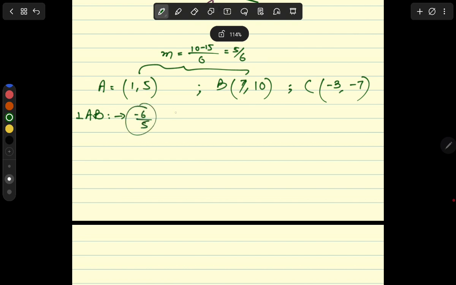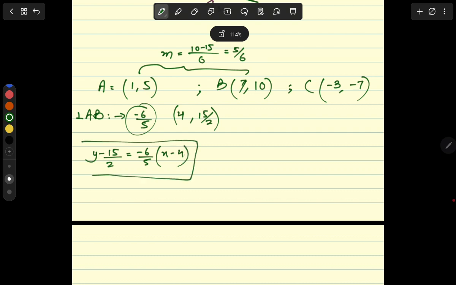And the midpoint of A and B is nothing but 4 comma 15 upon 2, right? So the equation of this perpendicular bisector is going to be y minus y1 is equal to m times x minus x1. So this is the equation of the perpendicular bisector between A and B.